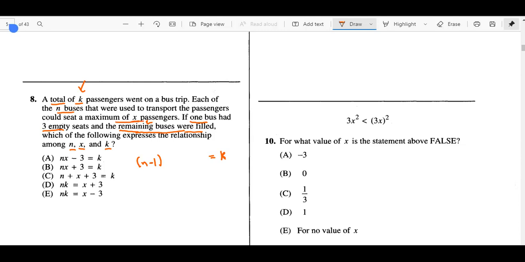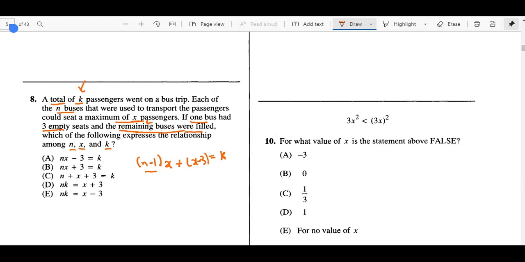So since every bus can facilitate x passengers only, except one bus where we had 3 empty seats, all the remaining buses were filled. Remaining buses would be n minus 1 and they were filled means that every bus other than that one bus had x passengers, and that one bus had x minus 3.